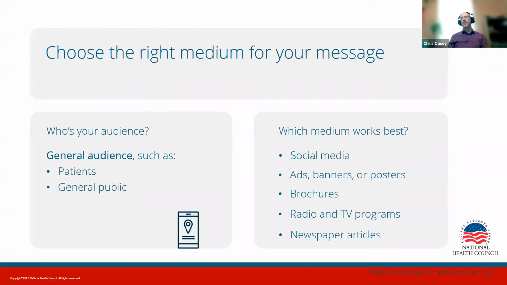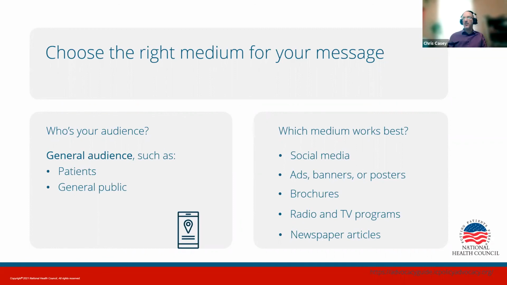Next, we're going from more expert to more of a lay audience. Now talking about a general audience, you're going to reach them in a different way. There are forms of communication that work best for them. They're short messages.